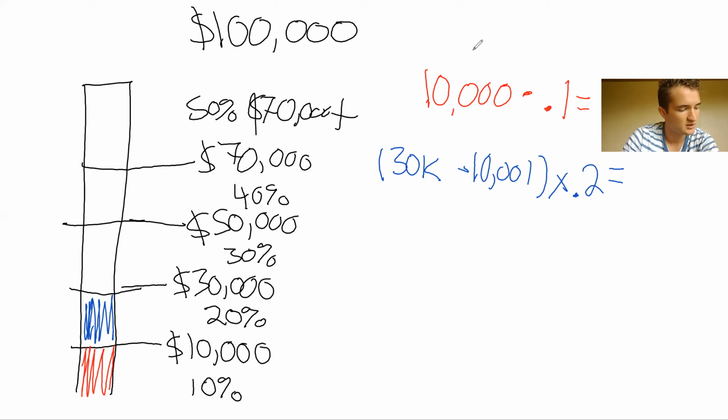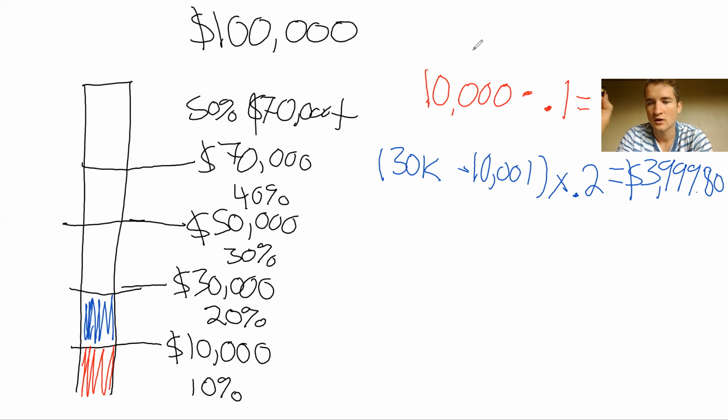If you do that math, it comes out to $3,999.80. So just so I can remember the number, this equals 19,999. If you think about it in your head, 30,000 minus 10,000 equals 20, less 1, that's going to be 19,999. All right, moving on.